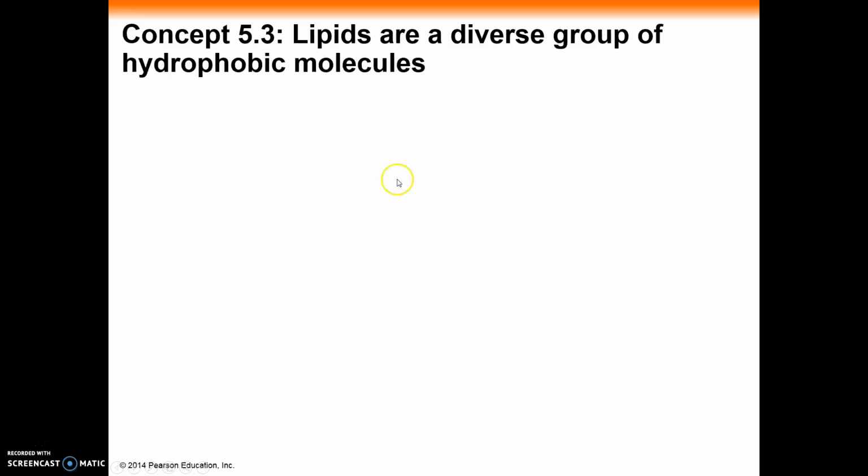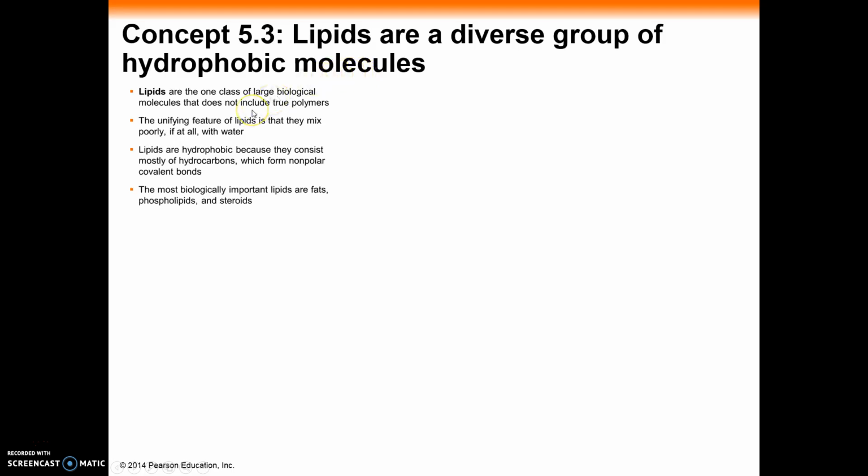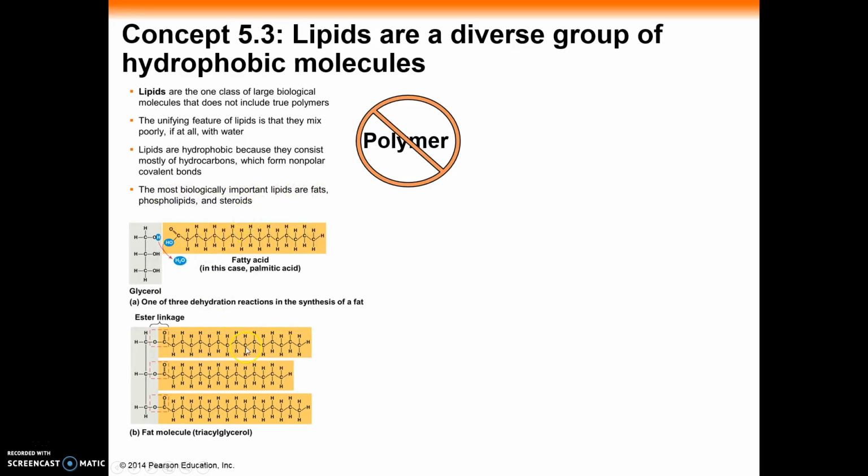So, lipids are a diverse group of hydrophobic molecules. They are not true polymers. We can break them up into three larger groups: fats, phospholipids, and steroids. Fats have three fatty acid chains attached to a glycerol.